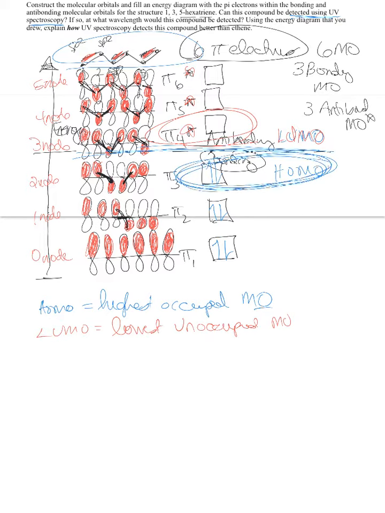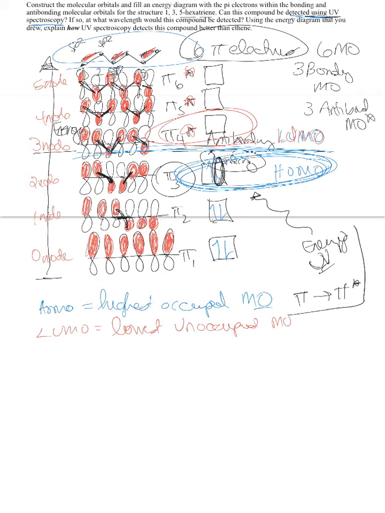Now, what UV does is transition an electron from your highest occupied molecular orbital. So one of these electrons would get zapped with some energy. That's what the UV transition does. And you go from a pi, you see the pi 3, to a pi star.